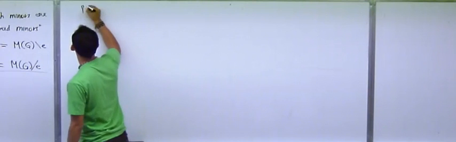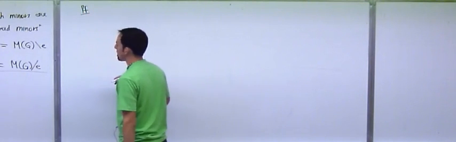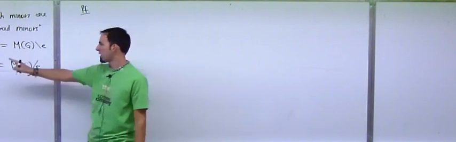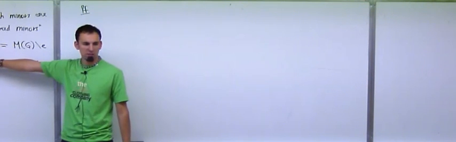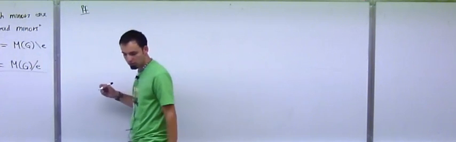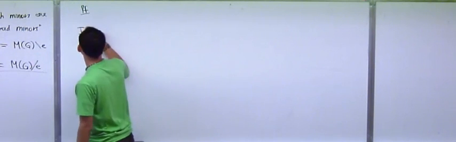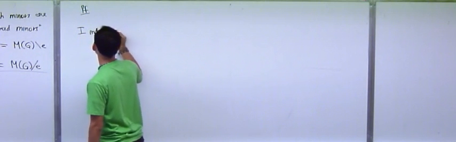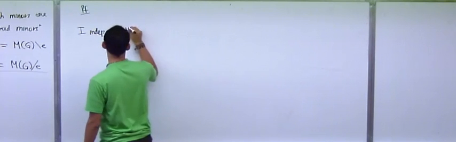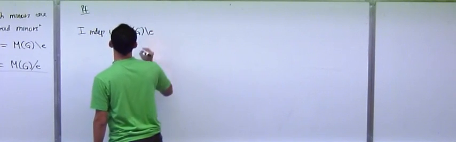Proof. We have to show that something is independent in this matroid if and only if it's independent in this matroid. Let's do deletion first.